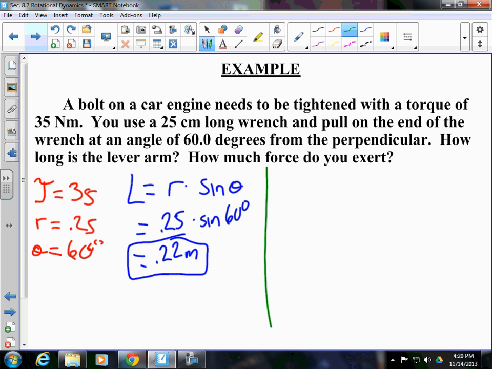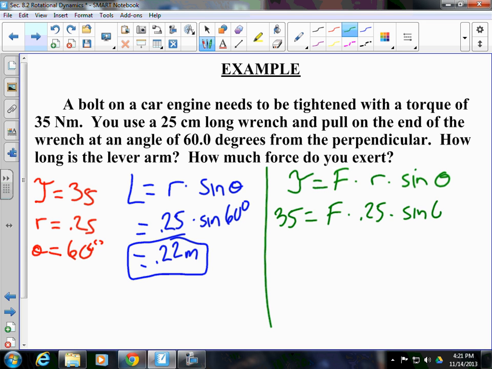Next up, that was the first question. How long is the lever arm? Second one, how much force do you exert? Well, remember, torque is equal to force times R times the sine of theta. If we plug everything in, torque is 35 Newton meters is equal to force times 0.25 times the sine of 60.